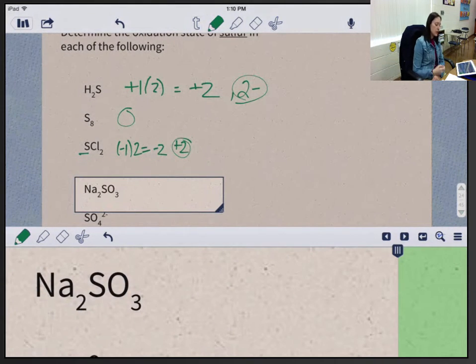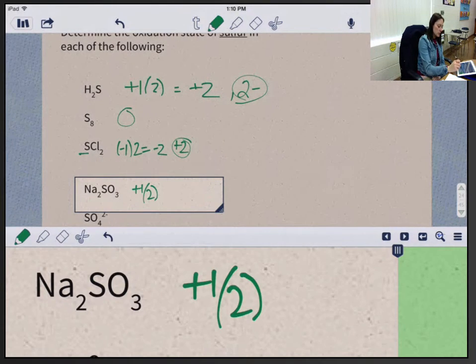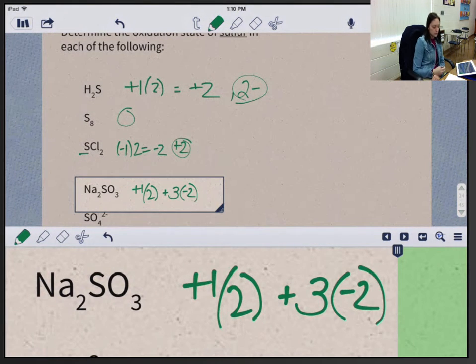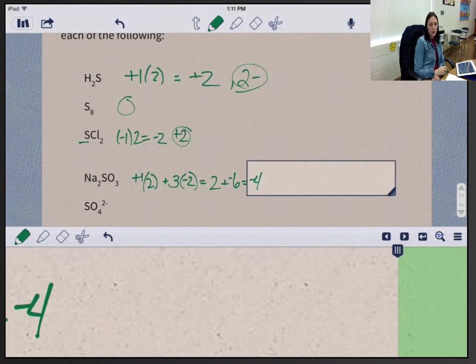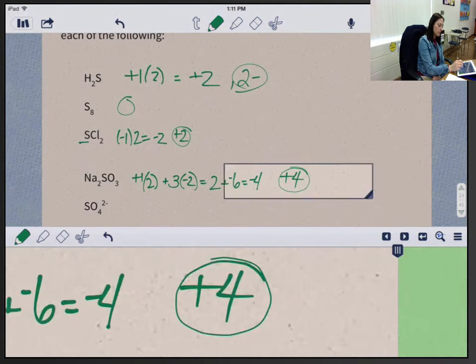If I look at Na2SO3, Na is going to be a 1+ times 2, and then I have 3 of the -2s, because each oxygen is a -2 and there's 3 of them, which means I'm dealing with 2 plus a -6, which is -4, which means sulfur then has to cancel out that -4, so sulfur is a +4.